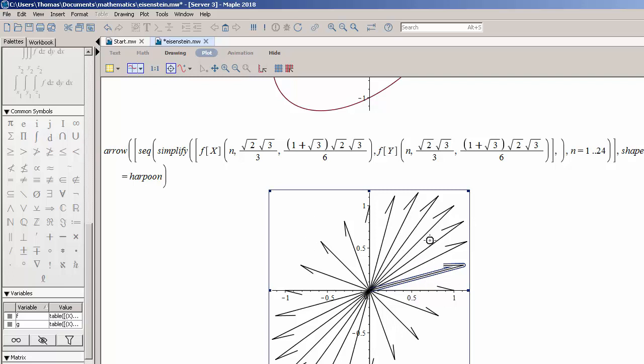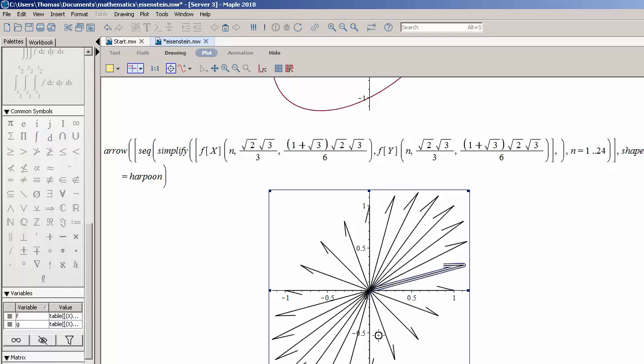So we start from up here. That's 1, 1. That's 1, 2, 3, 4, 5, 6, 7, 8, 9, 10, 11, 12, 13, 14, 15, 16, 17, 18, 19, 20, 21.